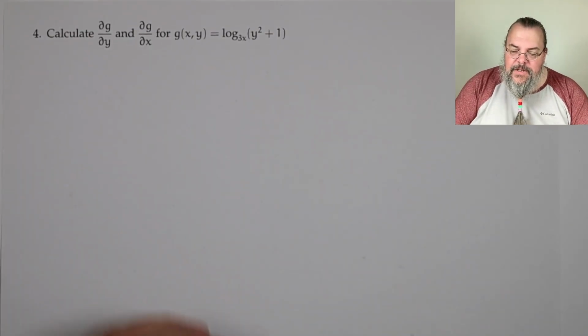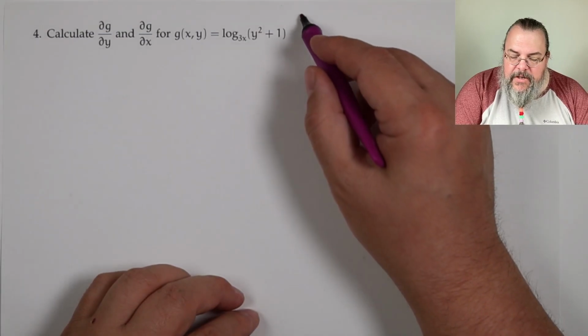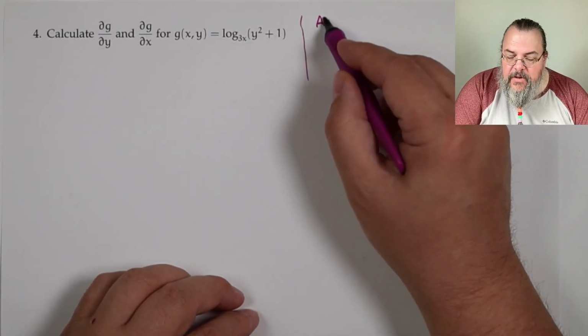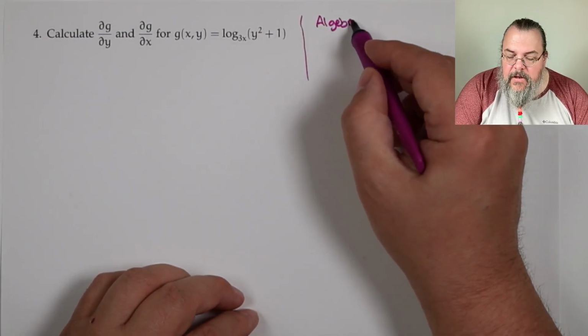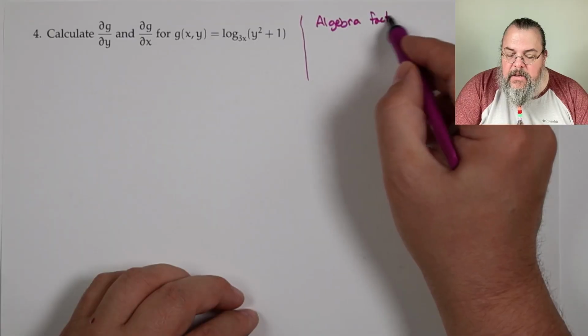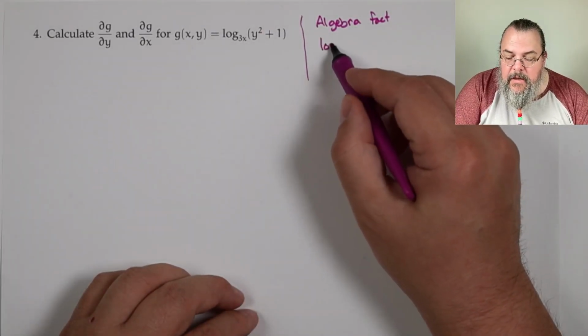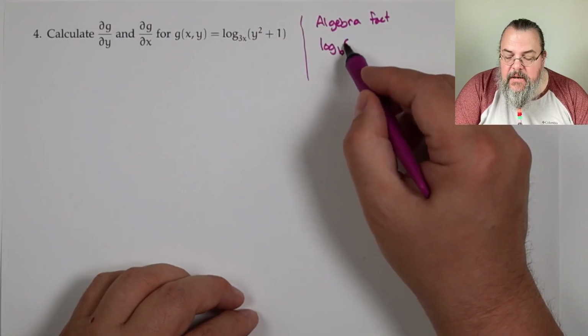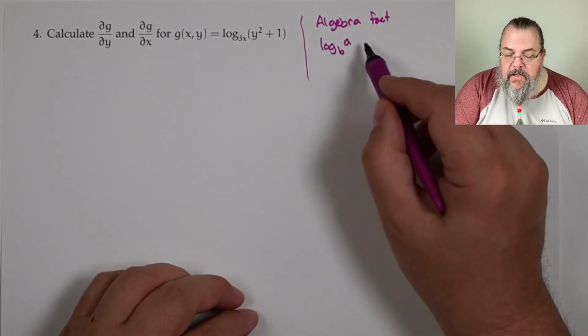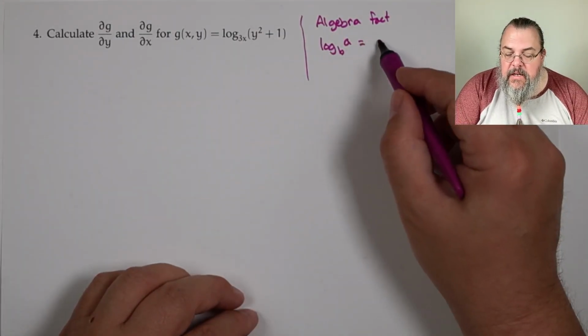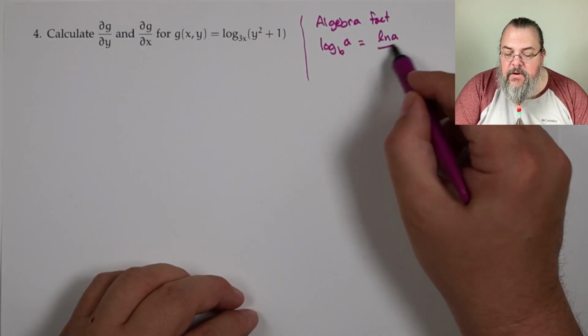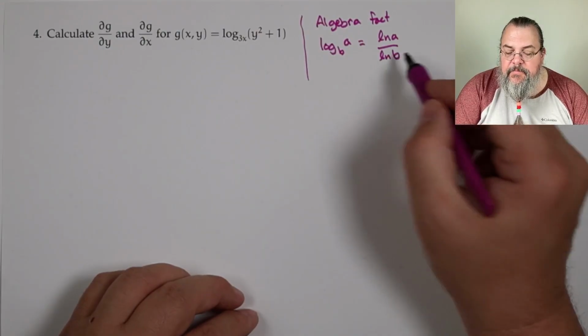So, we're going to do a little algebra fact here. It goes like this. If you have log base b of a, this is equivalent to saying natural log of a over natural log of b.